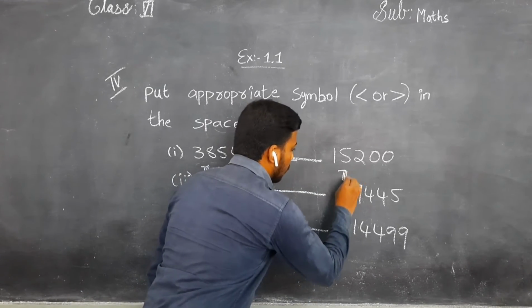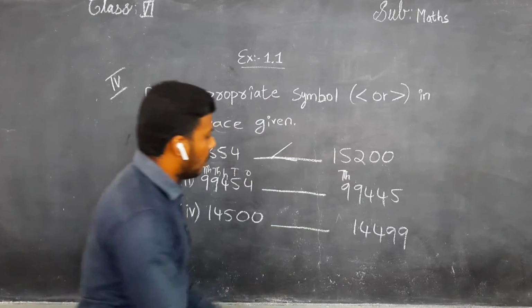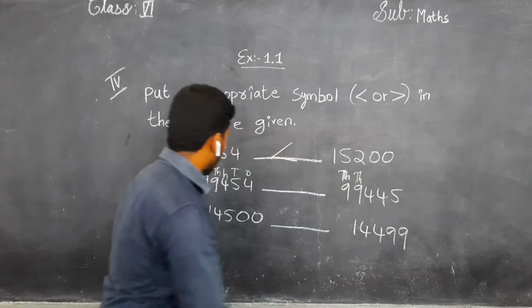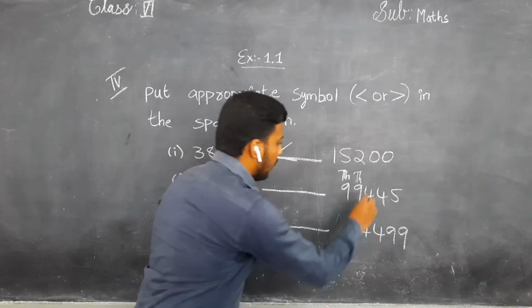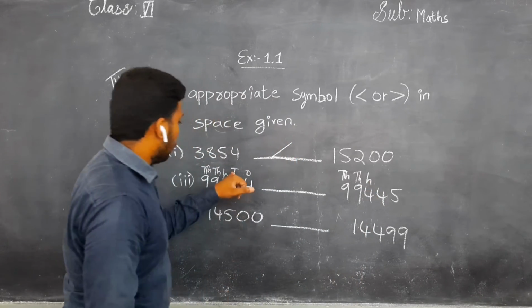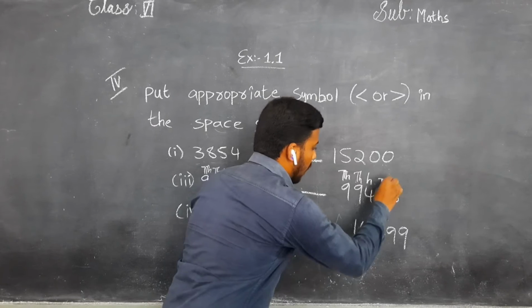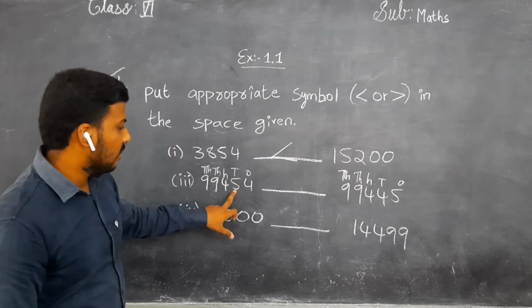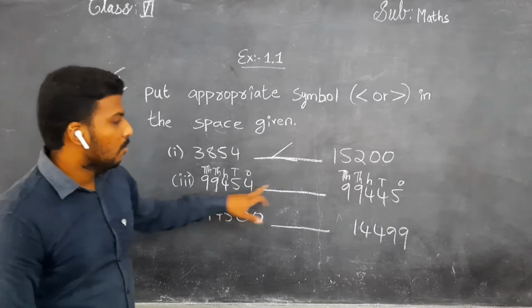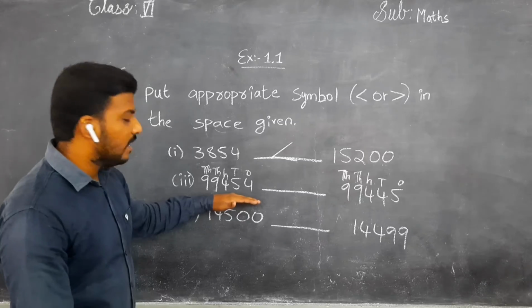But coming to the thousands, we have here 9, here too we have 9. In the place of hundreds we have 4, and in the place of hundreds we have again 4. Then in the place of tens we have 5, and here in the place of tens we have 4. We got the value, because in the place of tens it is 5, but here we have the value only 4. This is the biggest number.